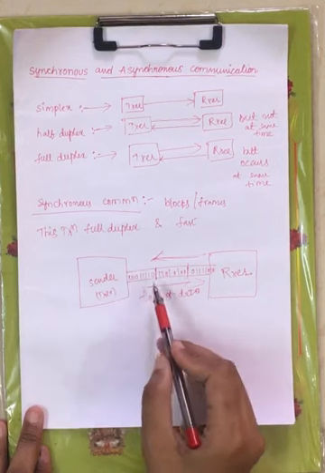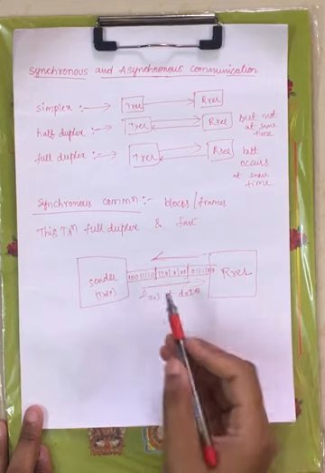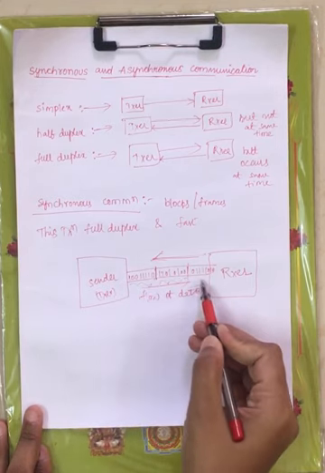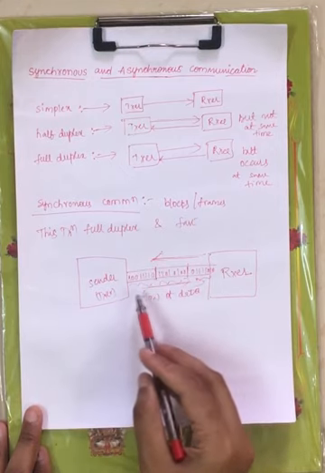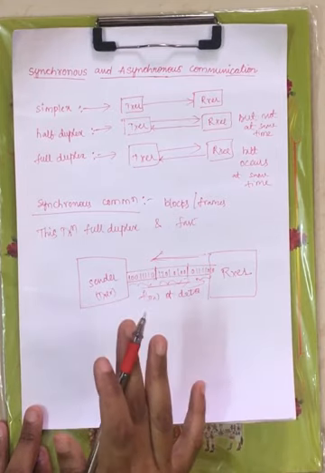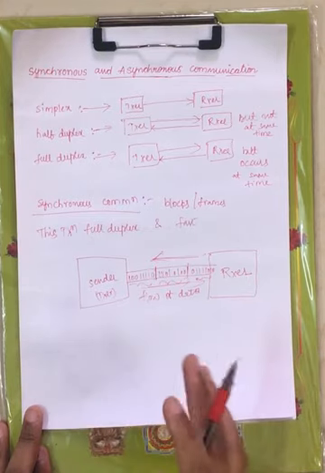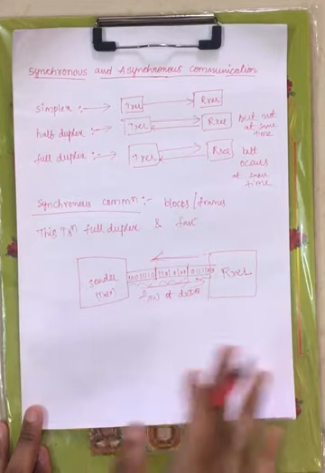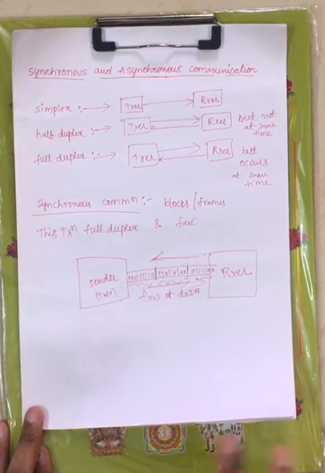Now if you see this flow of data, there is no gap between frames, right? There is no gap between data, right? Here it is one frame, one frame, one frame. Under synchronous communication, you won't find any gap in the flow of data that you are transmitting from transmitter to receiver, right?